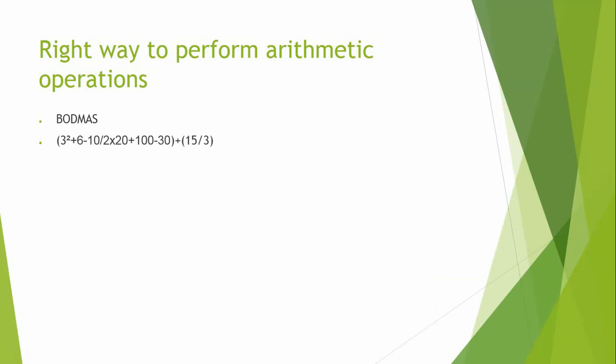There can be many answers and many different orders in which the arithmetic expression can be solved. But what is the right way? The right way to perform an arithmetic operation is using BODMAS.